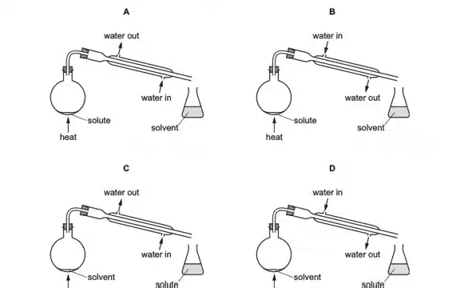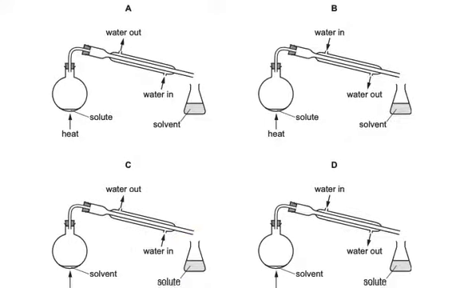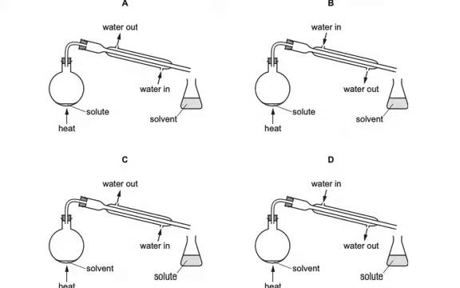Now we have A, B, C. In this diagram, the water should go in over here, rising equally, and then going out. So in this direction, B and D is out. Why should the water go in over here? So the cooling process can happen in a continuous manner.